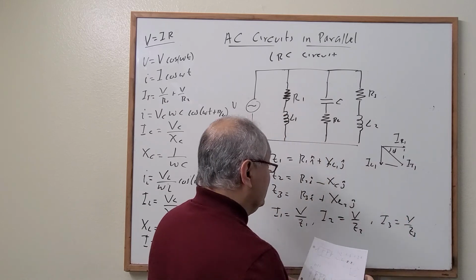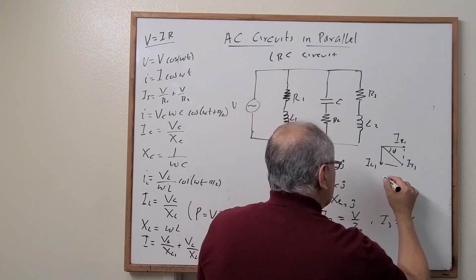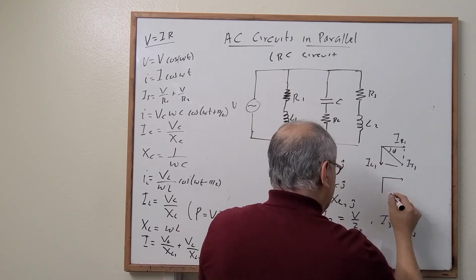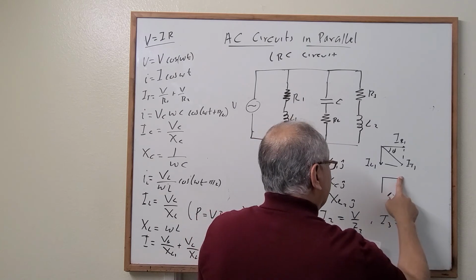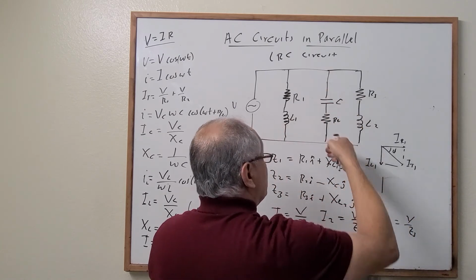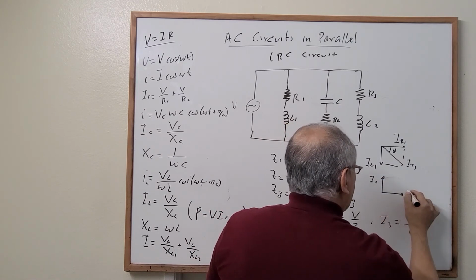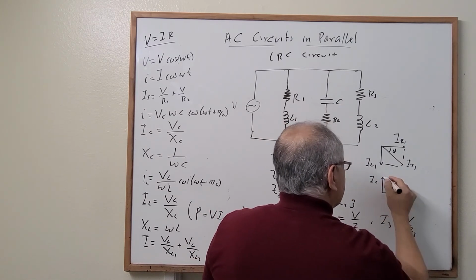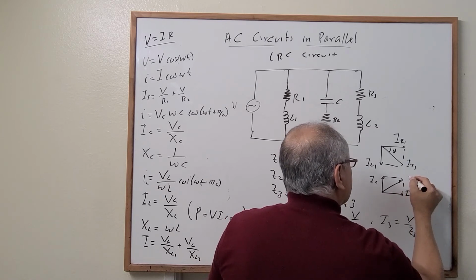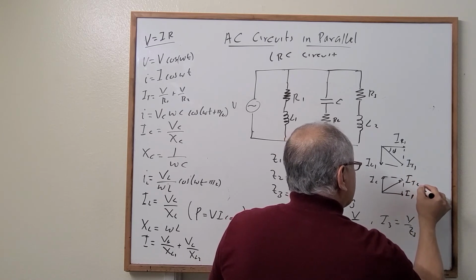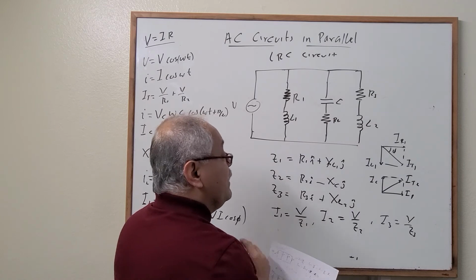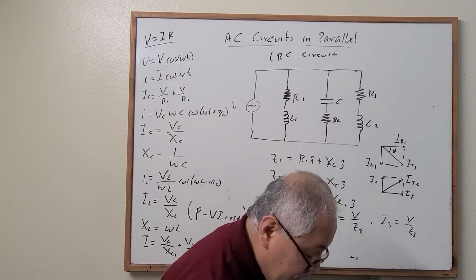The same thing happens to the next one. For this branch, we have a capacitor, right? Current through the capacitor, and we have current through the resistor, and this is the third current for case 2. What about the next one?